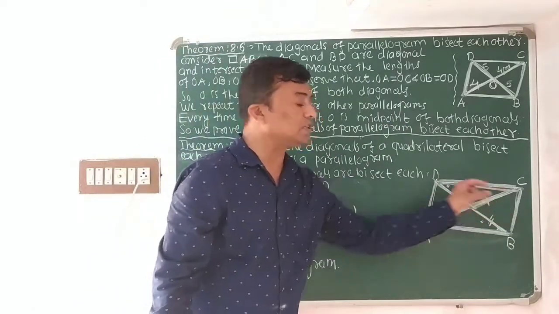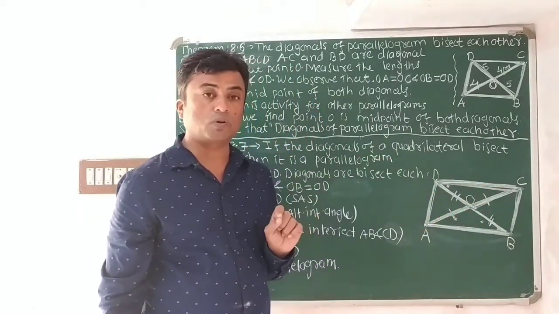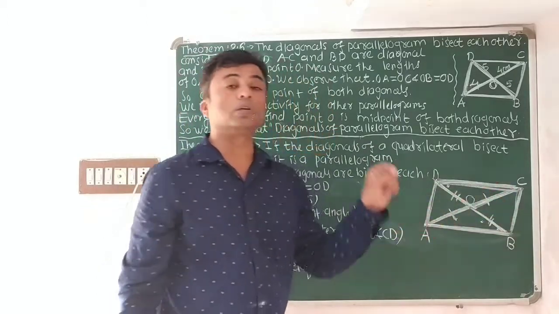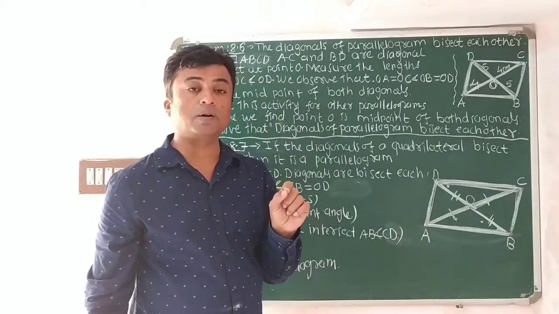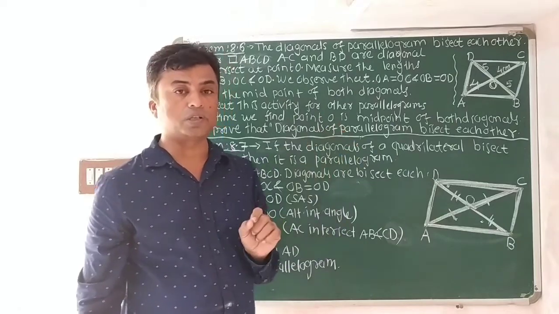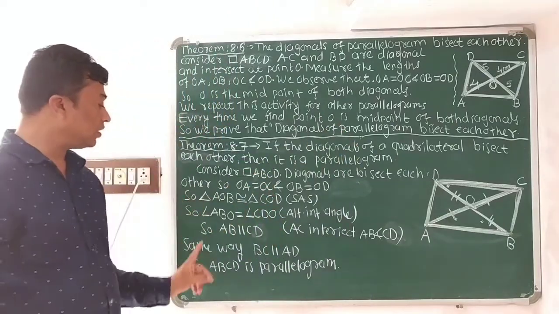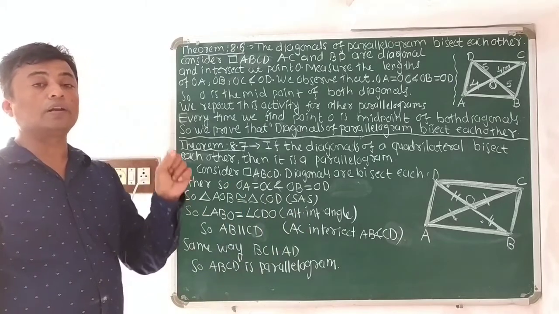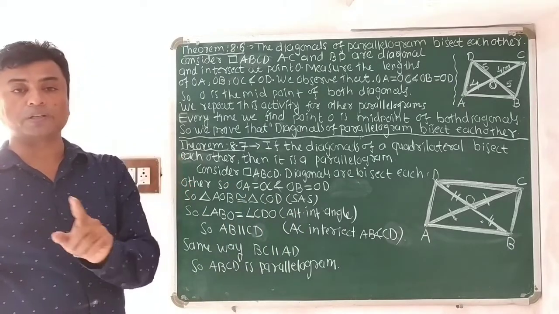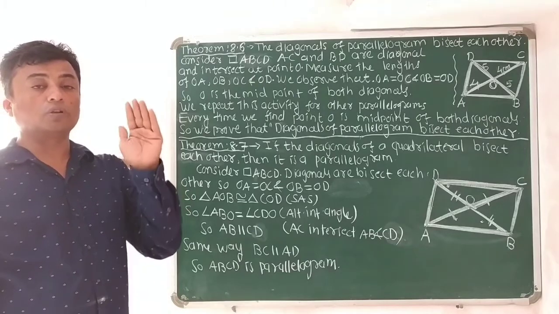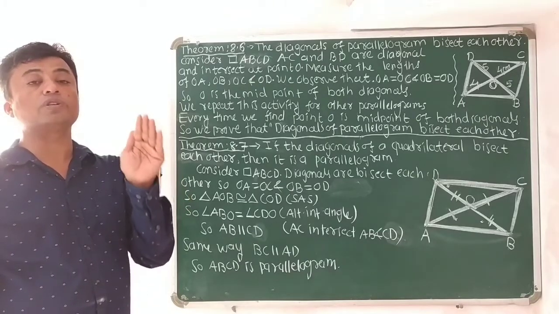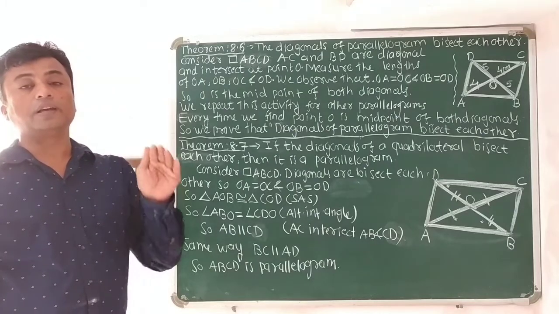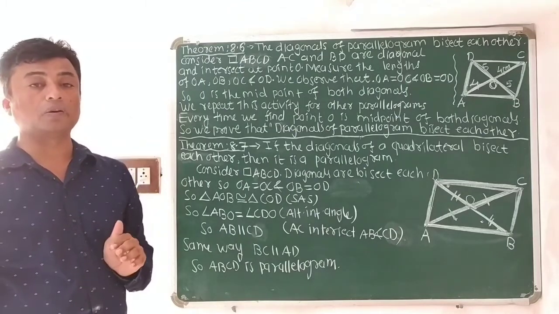Here AB and DC are opposite sides of the quadrilateral and they are parallel. AD and BC are also opposite sides and they are parallel to each other. So we can say that quadrilateral ABCD is a parallelogram. The property is: if both pairs of opposite sides of a quadrilateral are parallel to each other, then the quadrilateral is a parallelogram.